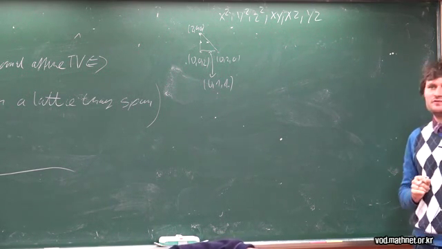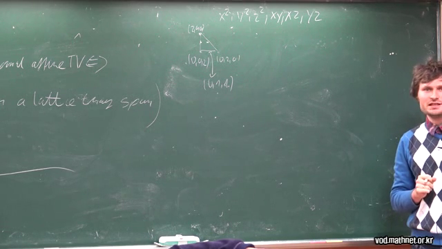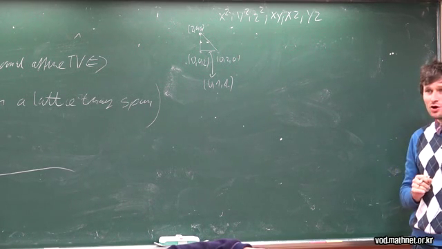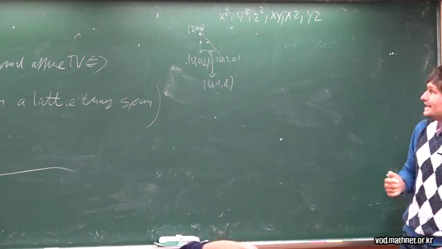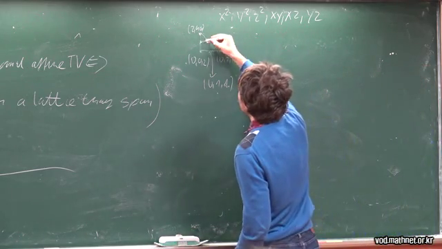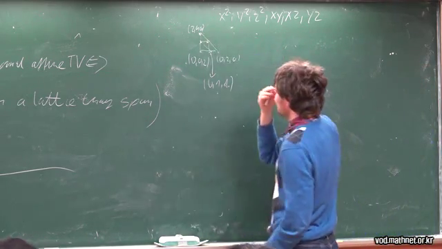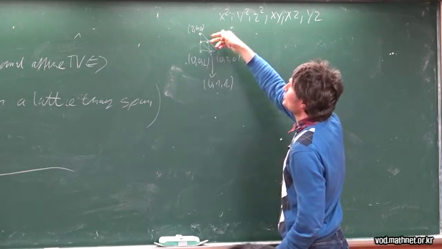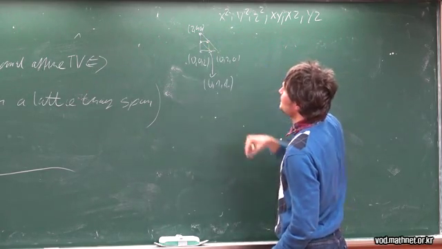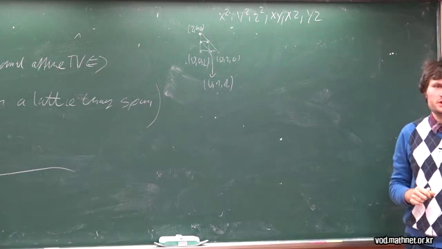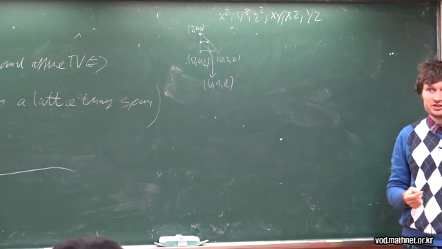For example, if you are interested, what is the degree of V2 of P2? Well, it's the normalized volume. So in other words, you can divide it into 4 unit triangles, and it means that the degree is 4.